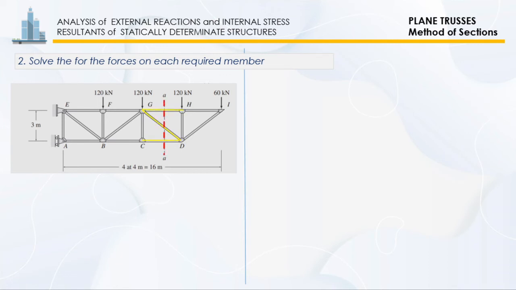So here, we pass section AA through the 3 members of interest, CD, DG, and GH, cutting the truss into 2 portions, A, C, G, E, and D, H, I. So, to avoid the calculation of support reactions, we will use the right hand portion, DHI, to calculate the member forces.